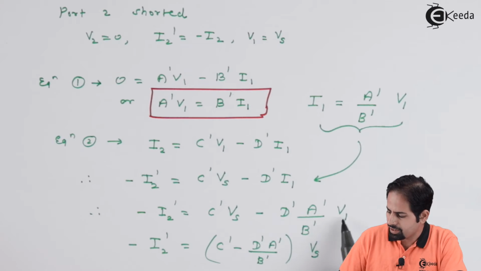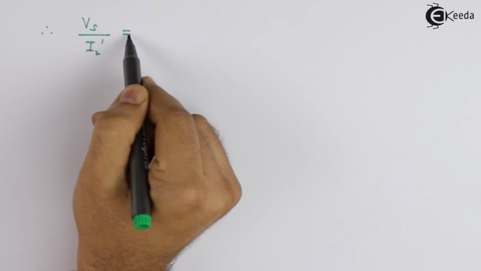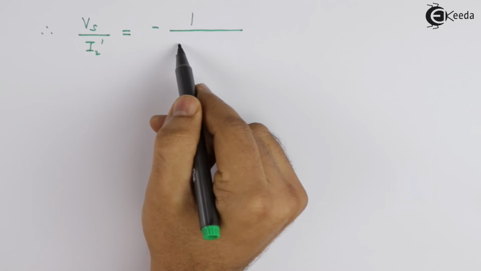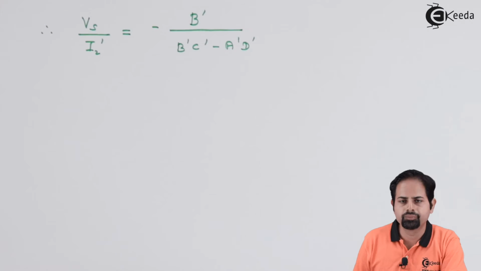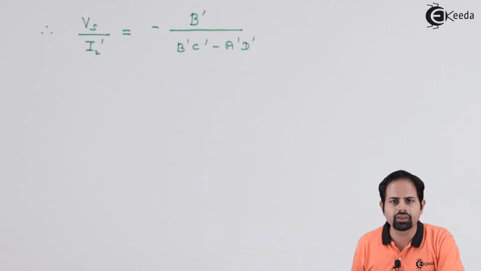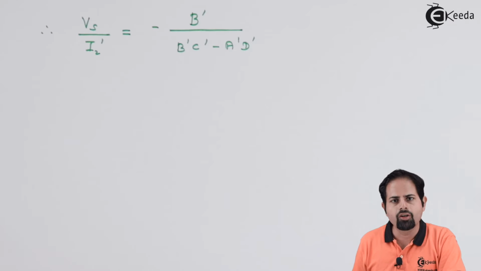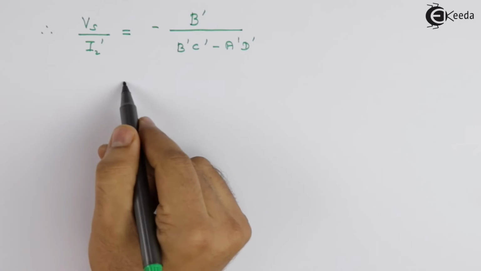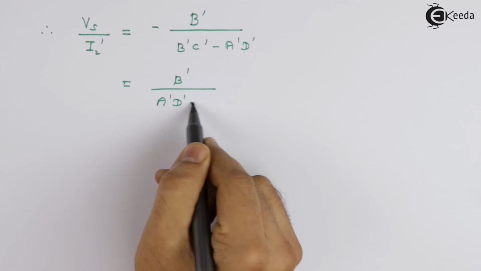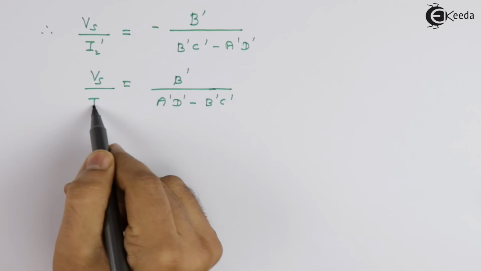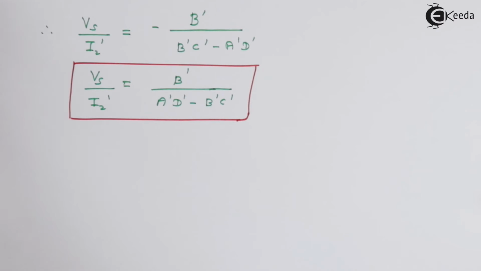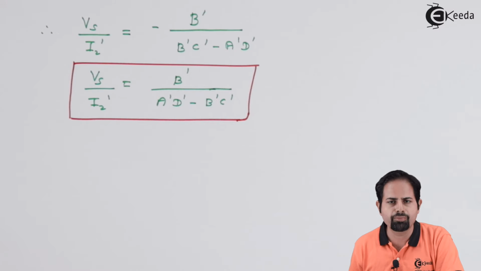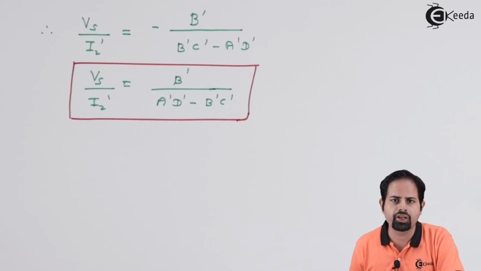This Vs and V1 are same, so we can take Vs common. So this is what we get, and we can remove that negative sign. So this is after step number 1, and step number 1 is shorting port number 2.